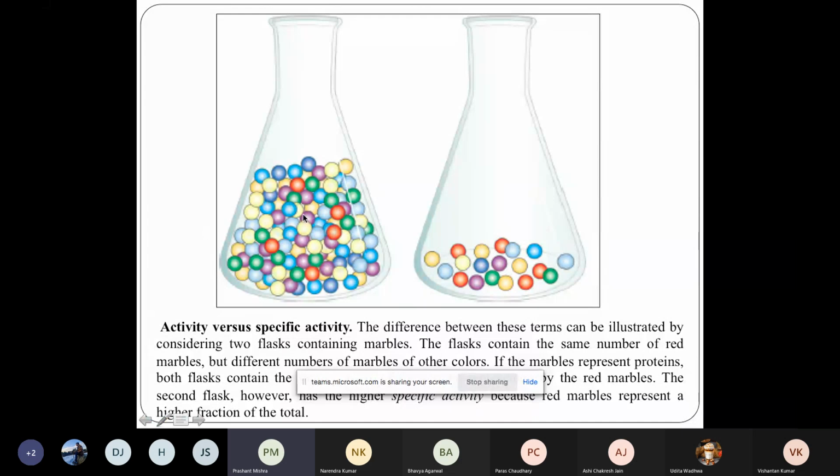Here the protein concentration is high and the total activity is high, but because of the red marbles, the activity as a fraction is not that high. A specific activity indicates the concentration of the protein of your interest.